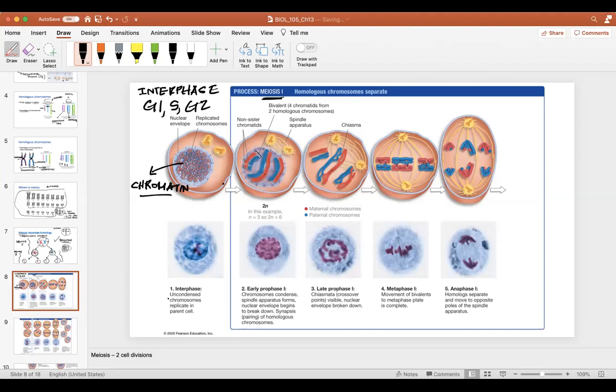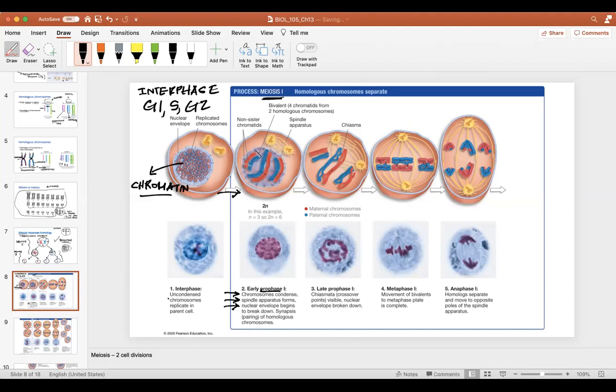Now, as this parent cell moves into meiosis 1, we're going to enter prophase, okay? So in prophase, kind of similar to what happens in mitosis, we're going to see the chromosomes condense. We're going to see the spindle apparatus form, and we're going to see the nuclear envelope begin to break down, okay?